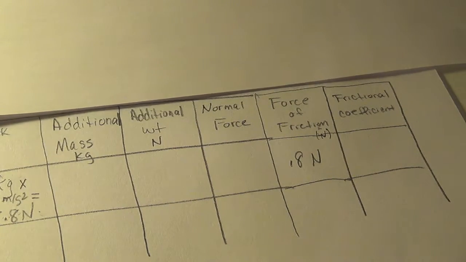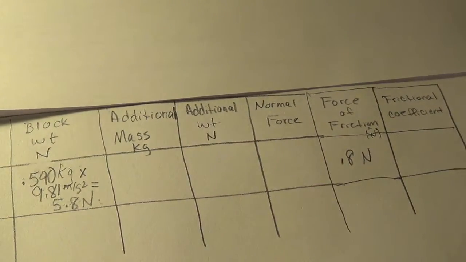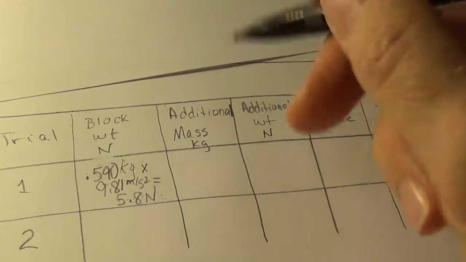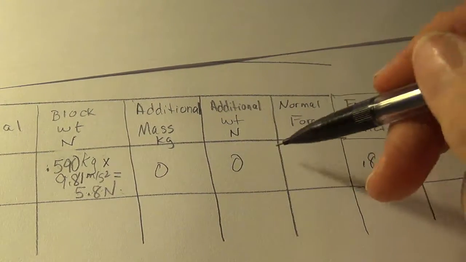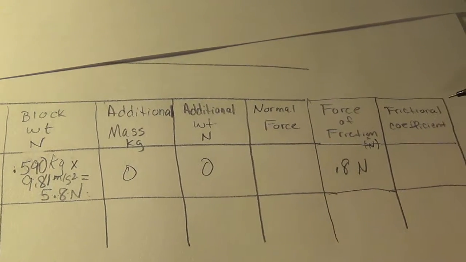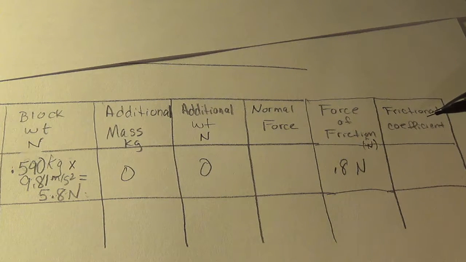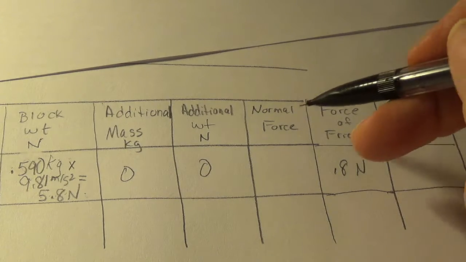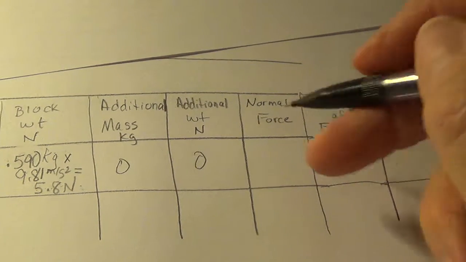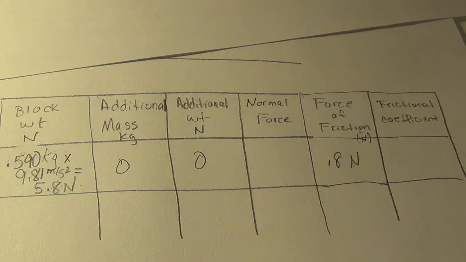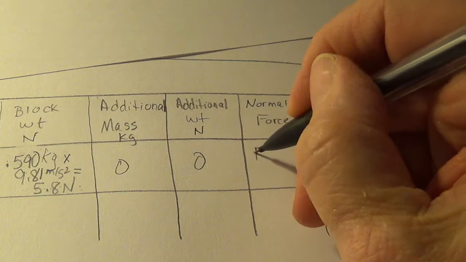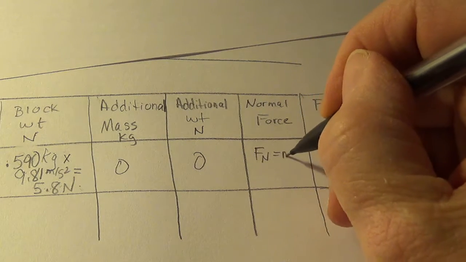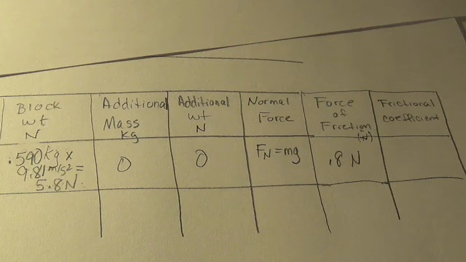All right, so now you'll notice on the first trial that we are not adding any additional mass or weight, so there should be zeros already in your chart for that. And so you can go ahead and figure out what force normal is. Force normal, you recall, is going to be mg. When we're on a flat surface, force normal is the positive reaction to weight downward.